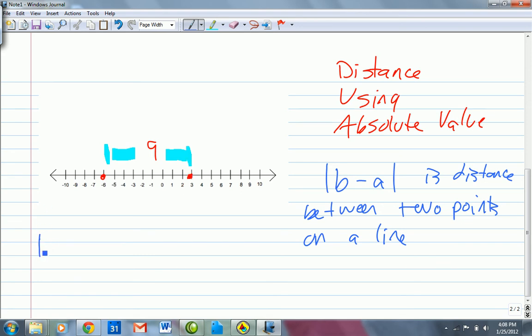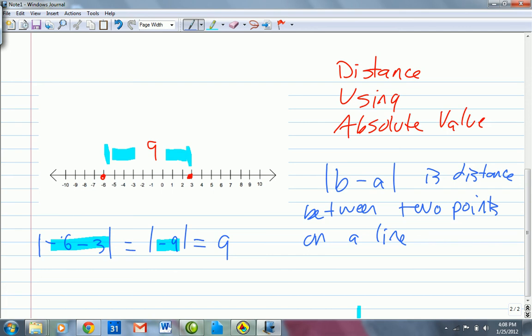Well, the distance is the absolute value of negative 6 minus 3, and to evaluate that, negative 6 minus 3 is negative 9. Right? We work within the absolute value first, and then after all is simplified, we take the absolute value of that, which is 9. Okay, same 9 we expected.